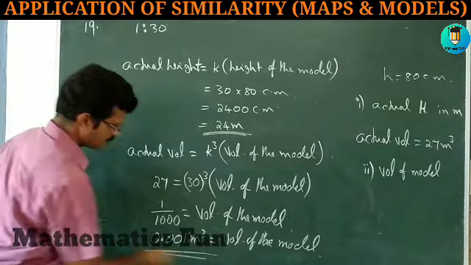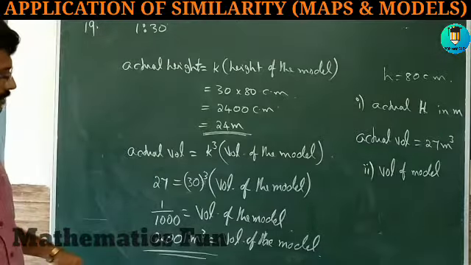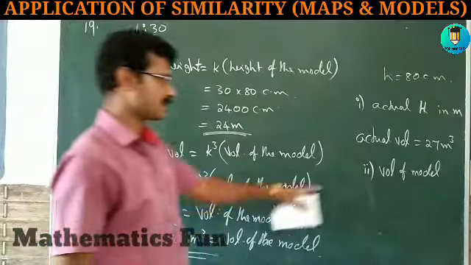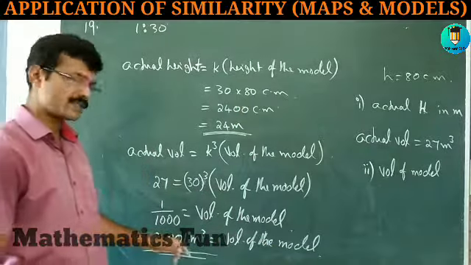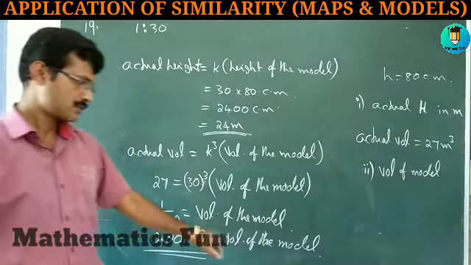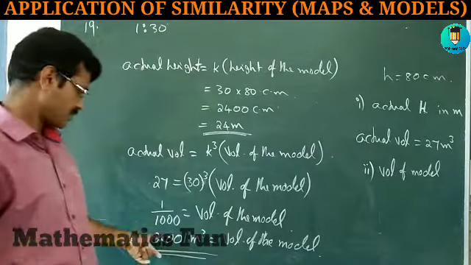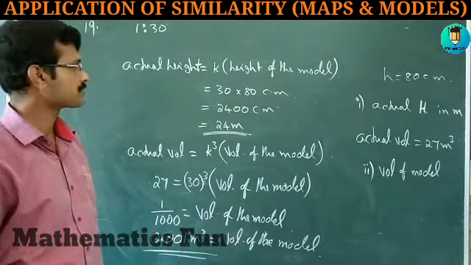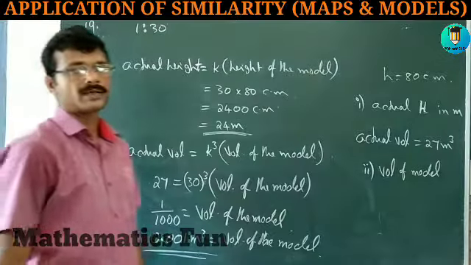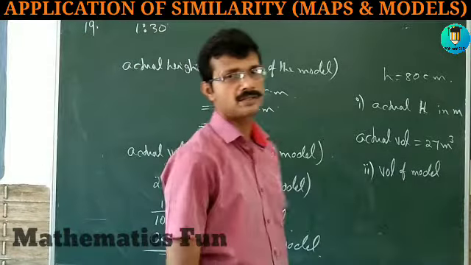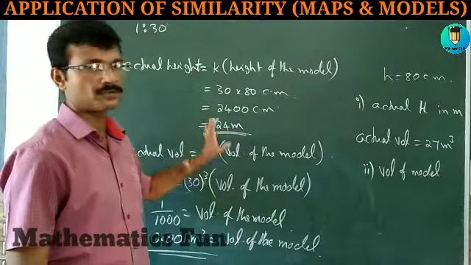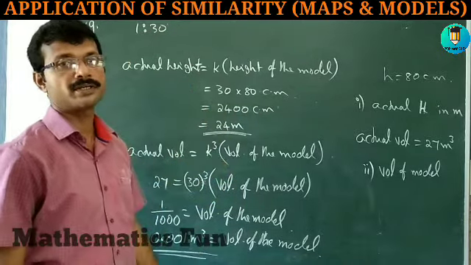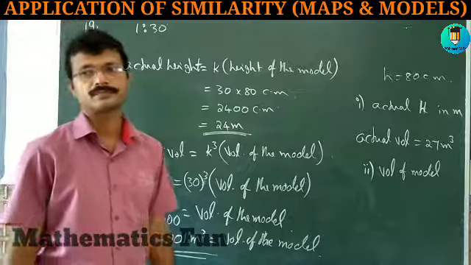They have not mentioned any unit, so I just left it in meter cube. There is no problem. So volume of the model is 0.001 meter cube. Remaining sums from the exercise, do it as homework. Whatever sums I have discussed in the last two questions are very important in the exam.